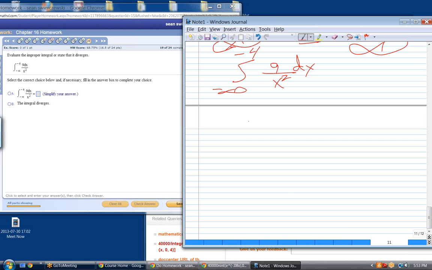It doesn't matter that the d of x or dx is on the numerator, does it? Not at all. You could separate that and put it out here, or you can leave it in the numerator. In other words, it doesn't matter. That's the same as what I wrote. So we really have the integral of 9x to the minus 2 dx. So what is this?